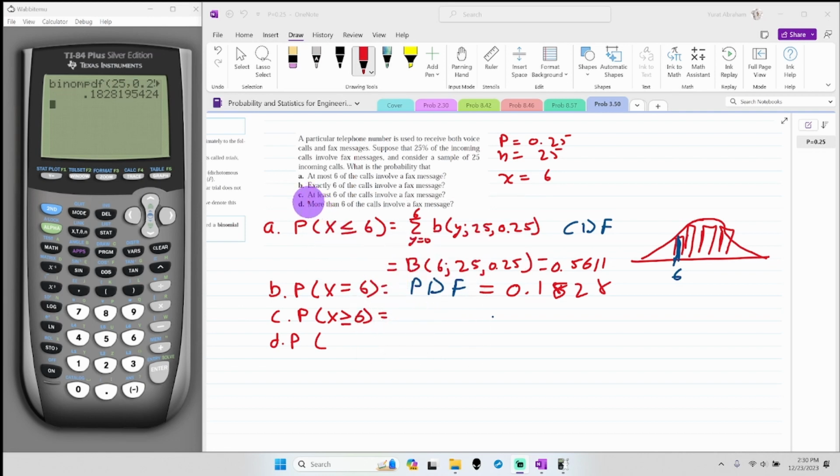They're asking the probability that at least 6 of the calls involves a fax machine. All right. So at least means 6 or higher. Now to do the 6 or higher, we'll need to do a little bit of adjustments here.